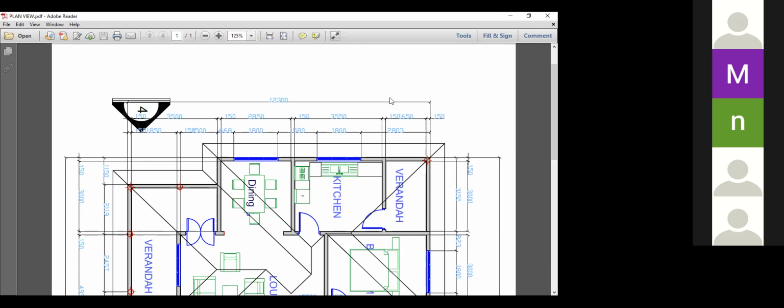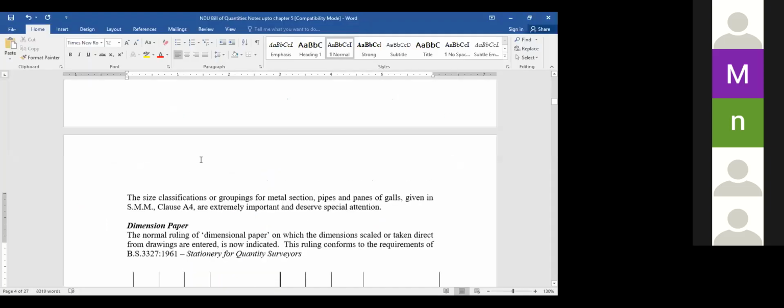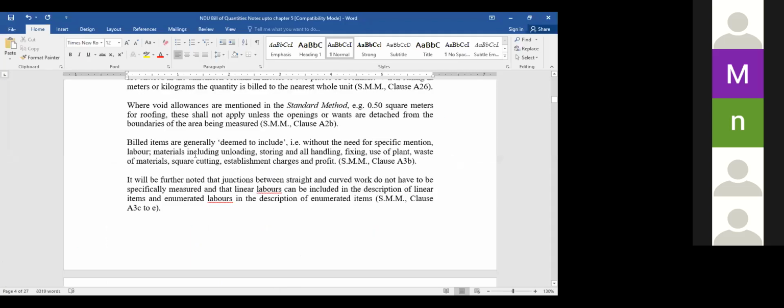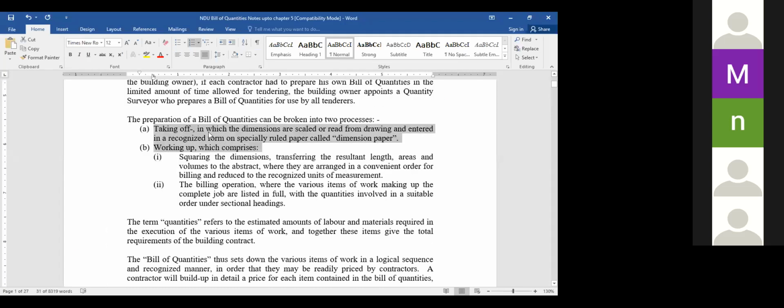Okay. Now, I just want to explain the other part of this. Just before we carry on, this is the whole process in which the dimensions are scaled or read from the drawing, because that's basically all we are going to be doing throughout this semester.